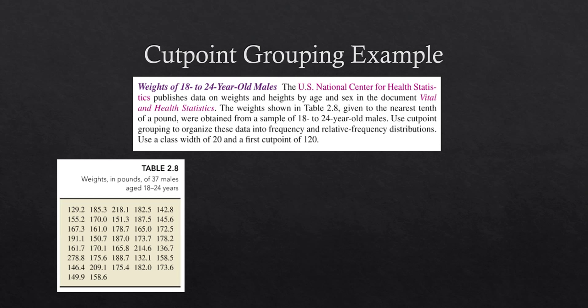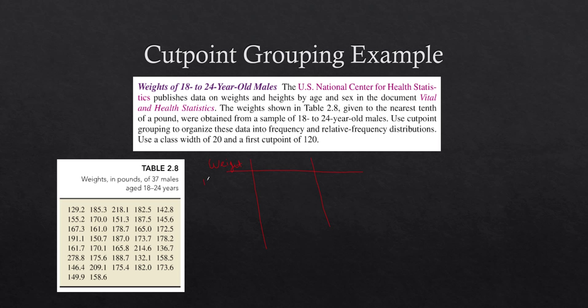Now notice our class width is 20, and the first cut point is going to be 120. So when you're getting ready to draw your table, we have our classes over here, which our class would be weight.